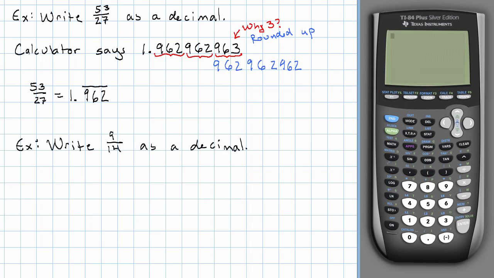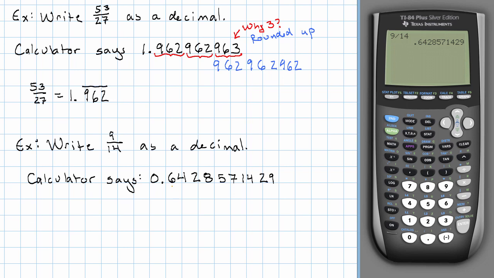Suppose we want to write the fraction 9/14 as a decimal. This one's a little bit harder to see the pattern in, right? The calculator says 0.6428571429. Let's see if we can pick up a repeating pattern here.